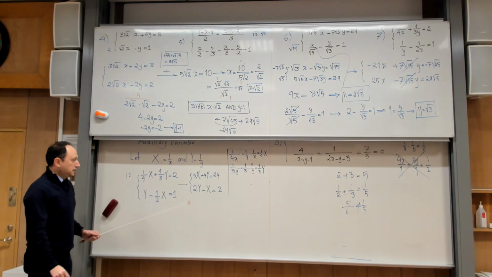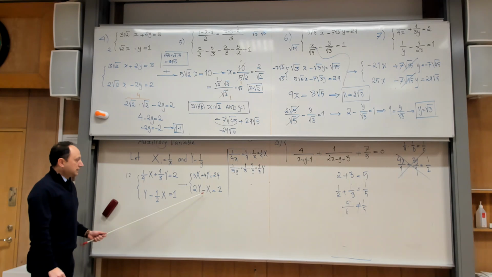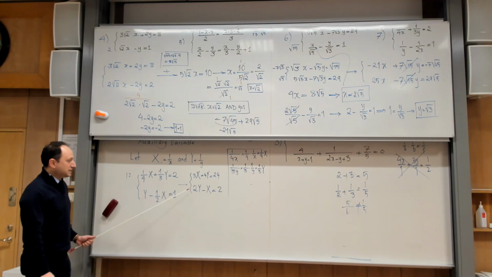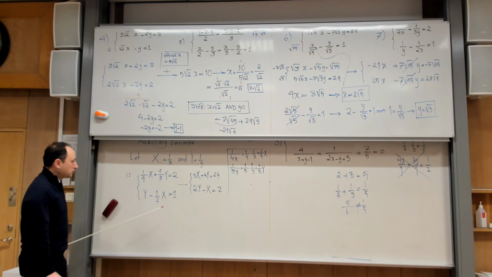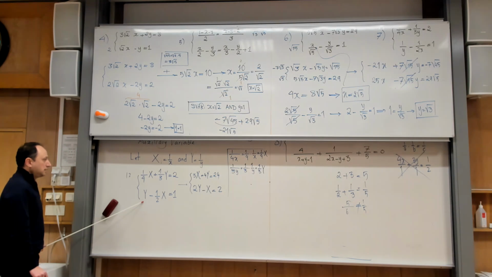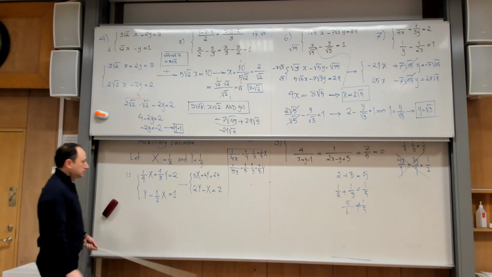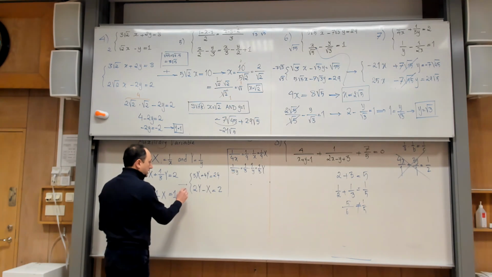Yes? And now I use the method of addition. If I multiply the second one by another 3, this becomes minus 3X plus 3X. Of course, if I had foreseen that, I could have multiplied by 6 in the beginning, but now I can multiply it by another 3.